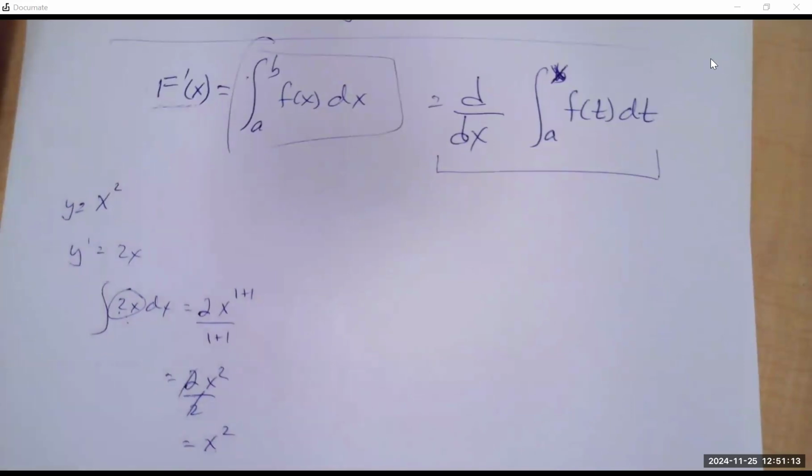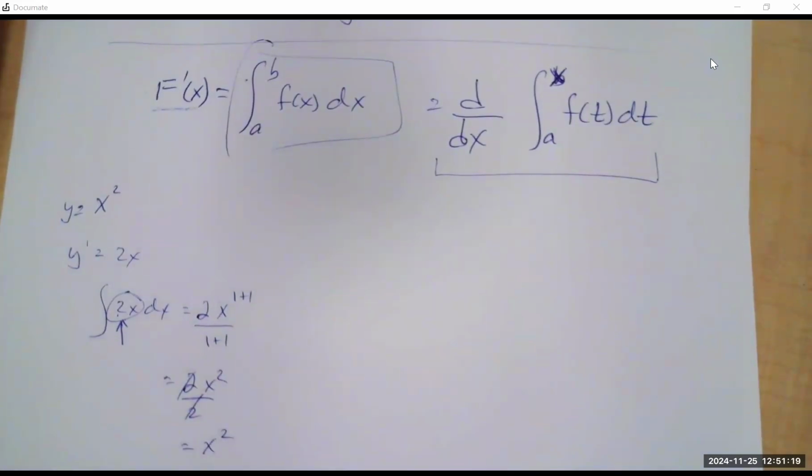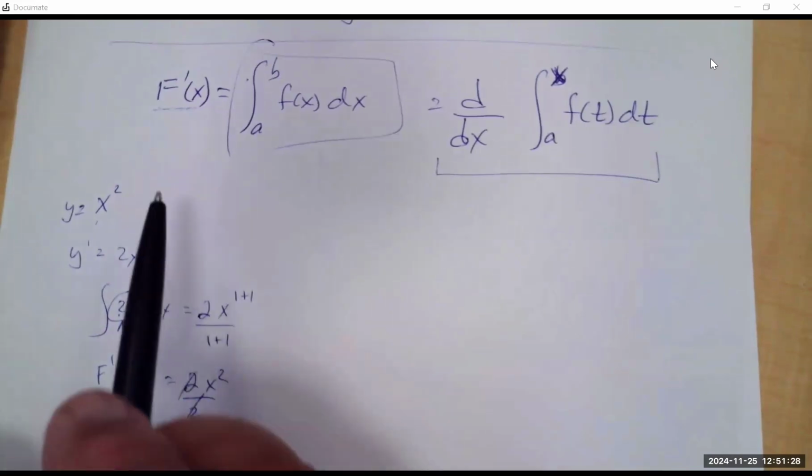Now, don't just read it. I want you to understand what I'm saying. Whenever you take the integral, this function here is actually the derivative. What you're finding is the original function. So that's what this is saying.